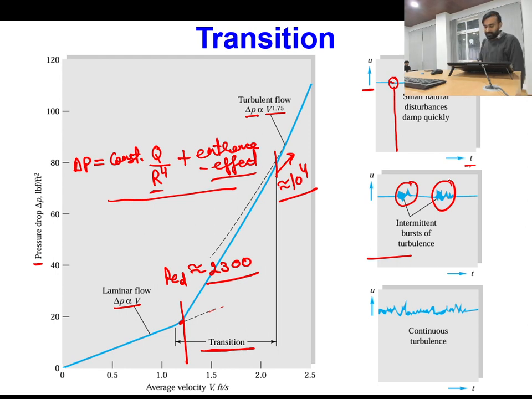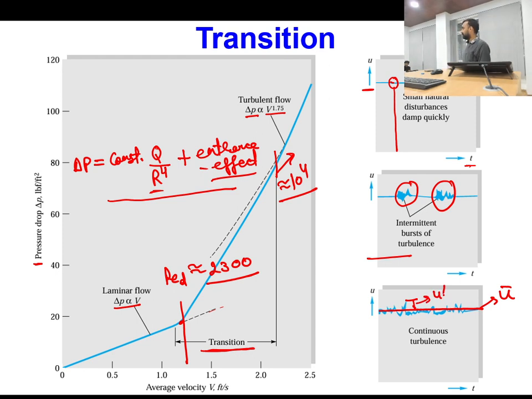On the contrary, if you have the turbulent flow regime, then you will have continuous disturbance in your velocity field when you measure the velocity at any point as a function of time. If you draw one average of all this, that will be considered as u bar, and at any instant whatever the deviation from u bar is, that is your fluctuating component u dash.